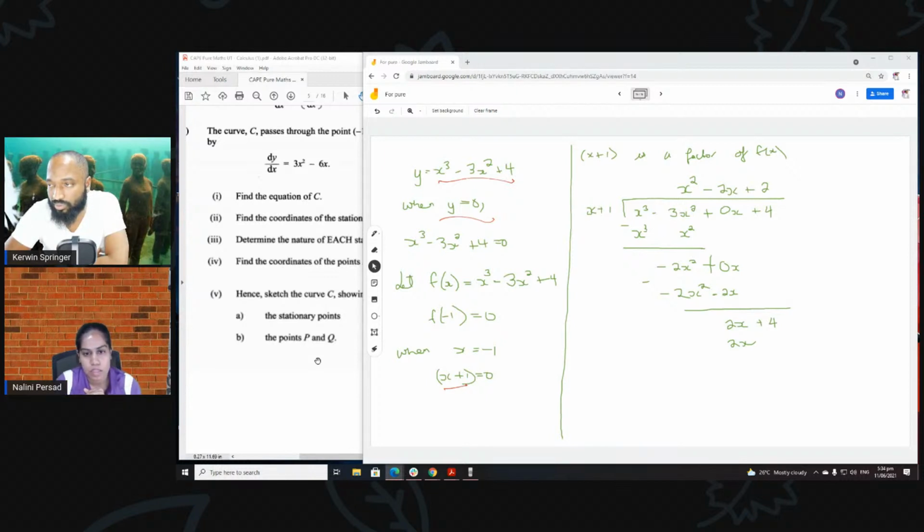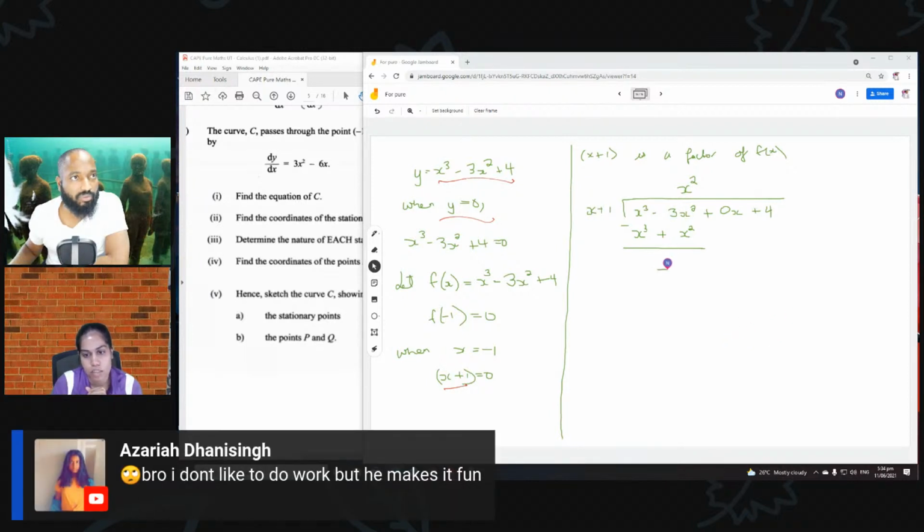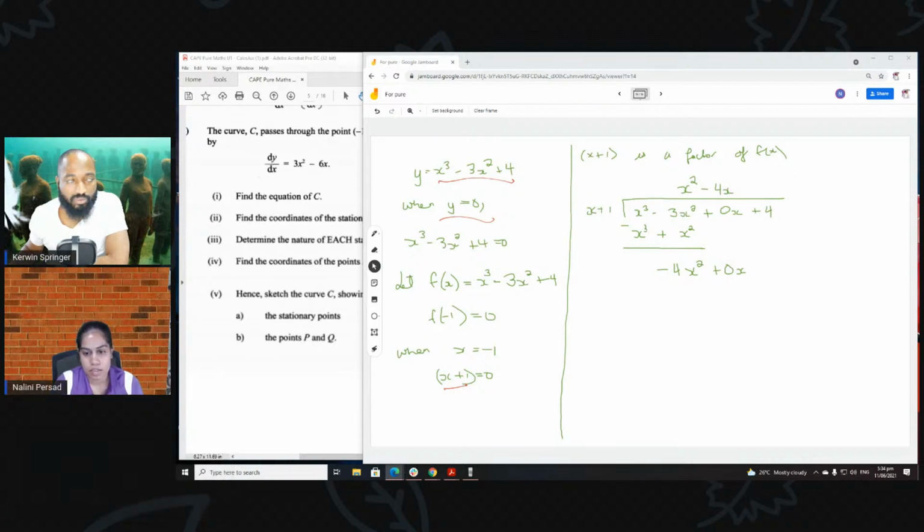X squared by x will give you x cubed. X squared by 1 will give you positive x squared. So when you minus... Right, so negative 3 minus x squared will give you negative 4x squared. Right, you're bringing down plus 0x, and then you would multiply by minus 4x. So minus 4x by x will give you negative 4x squared.